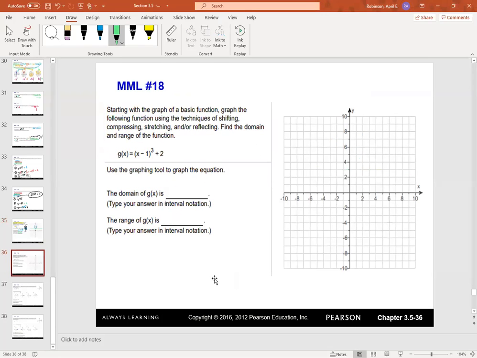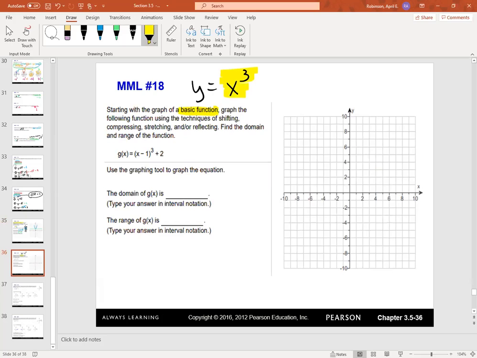All right, number 18. That's one I probably should have jumped to. Start with the graph of a basic function. Graph the following using the techniques of shifting. The basic function for this one would be y equals x cubed.